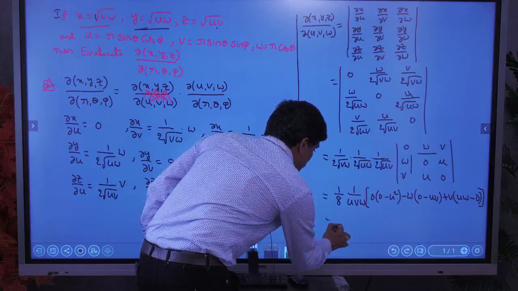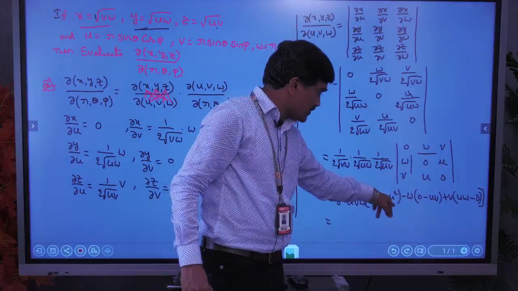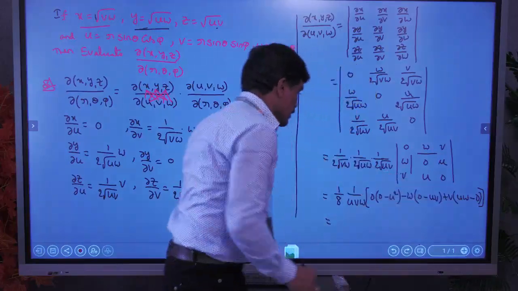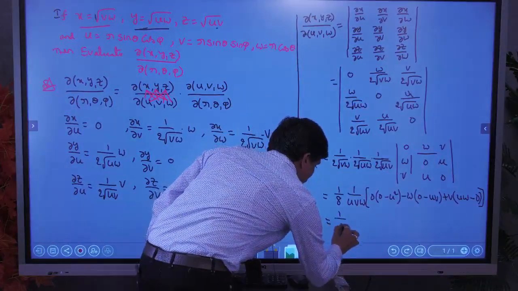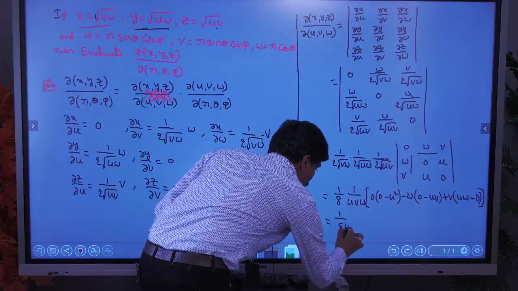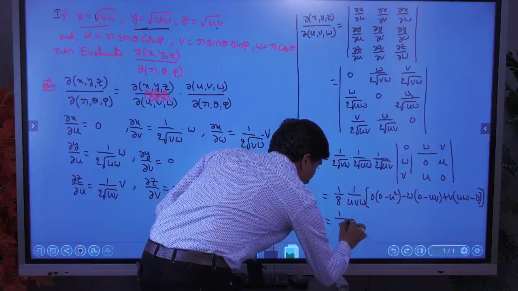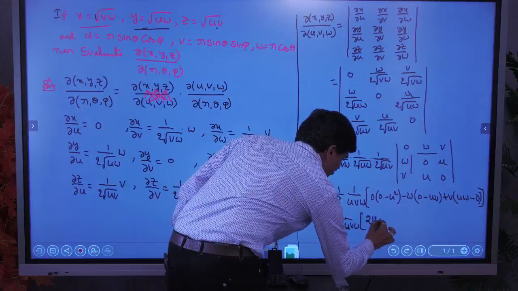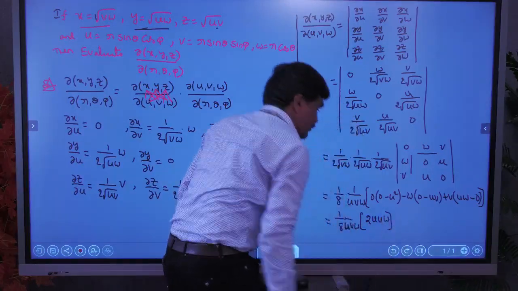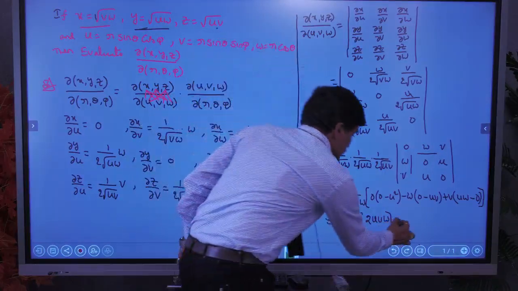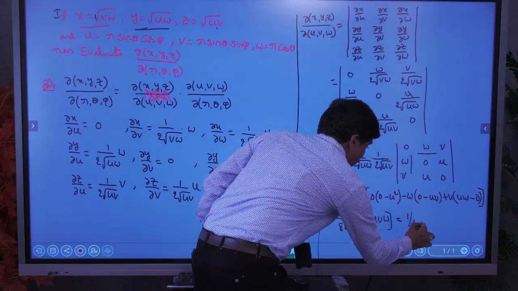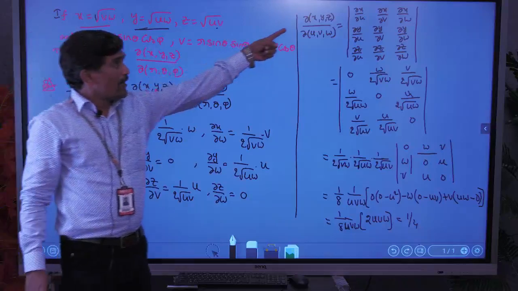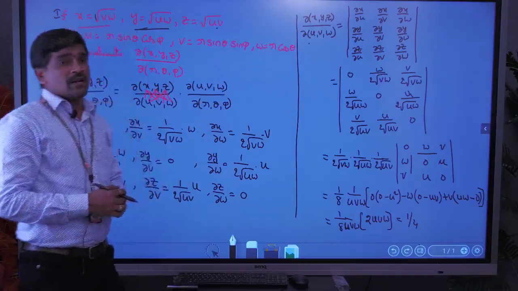Now 0 into something is 0, here minus of minus uvw, here plus uvw, so finally 1 by 8 uvw times 2uvw. Now uvw cancels, so finally we get 1 by 4. That is the value of ∂(x,y,z)/∂(u,v,w).